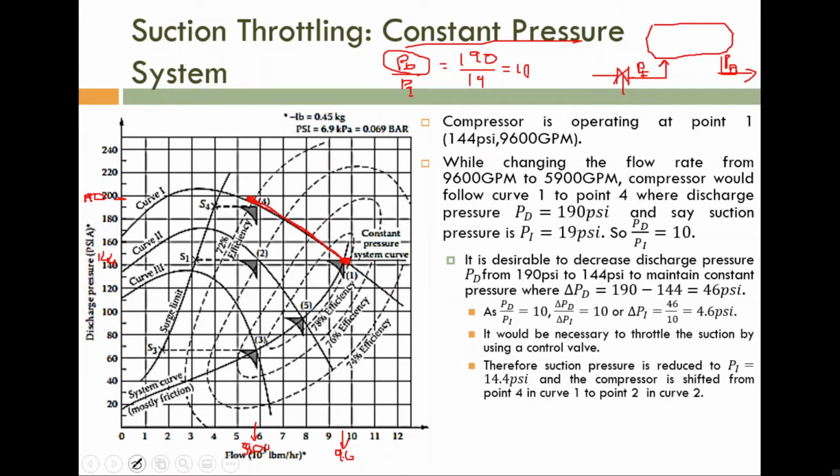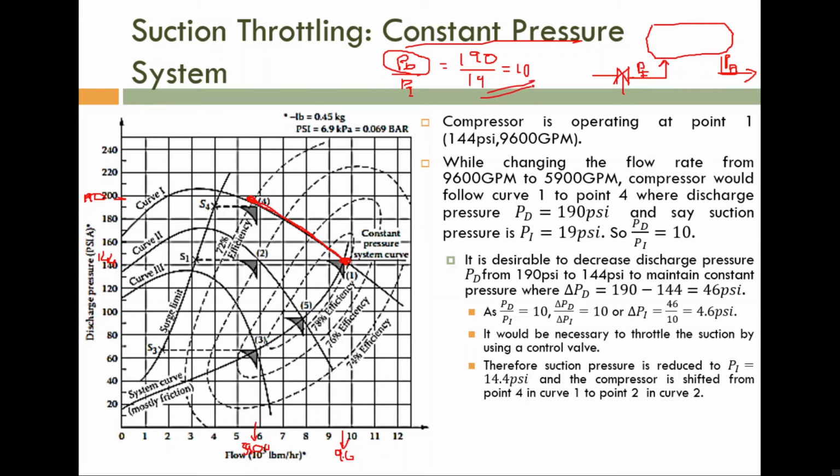Here the discharge pressure is 144 psi, suction pressure is constant at 19 psi. So 144 divided by 19 is the compressor ratio corresponding to operating point 1. Definitely that is less than 10, say for convenience 6 or 7. So that compressor ratio is increased to 10 with the decrease in flow rate, and that is shown here.